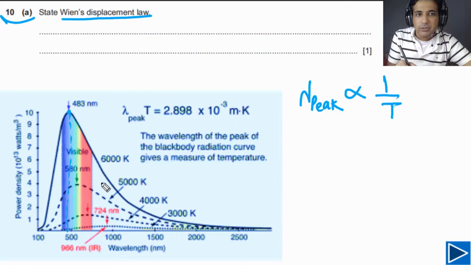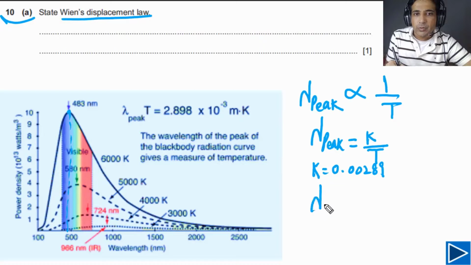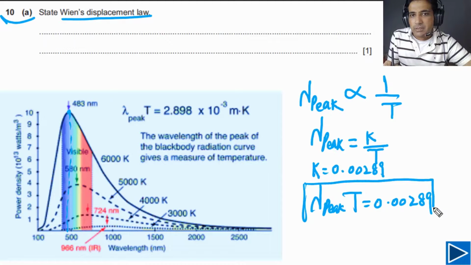And temperature in Kelvin. We can also write this in equation form: lambda peak is equal to some constant divided by T. And K in this case is equal to 0.00289. So we can write lambda peak times temperature in Kelvin is equal to 0.00289, and this is Wien's displacement law.